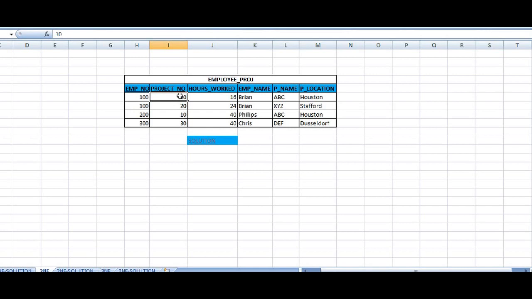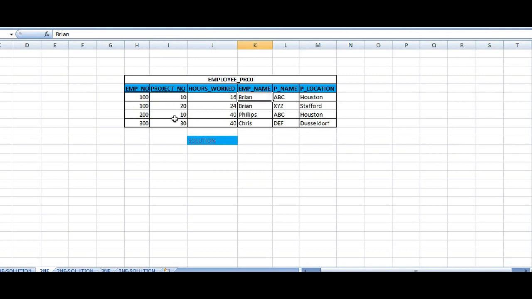Let's take an example right now. Say someone gives you project number 10 and asks you to find out the employee name associated with this project. Only seeing the project number, you can't see the employee number column. If I'm giving you project number 10, you will have two employees: 10 corresponds to Brian, 10 corresponds to Phillips as well.